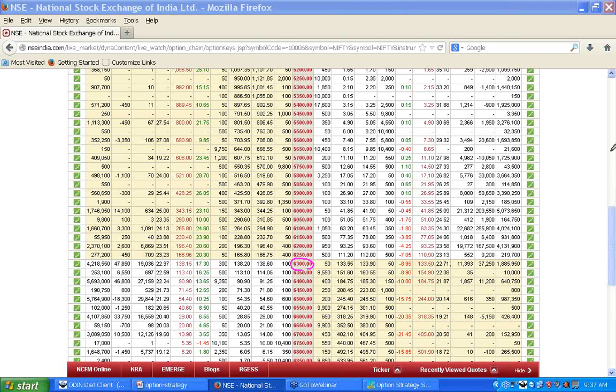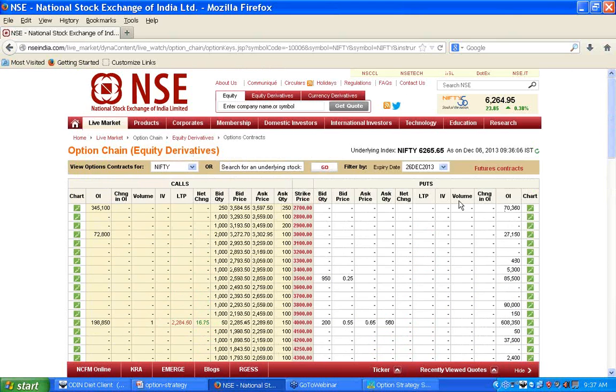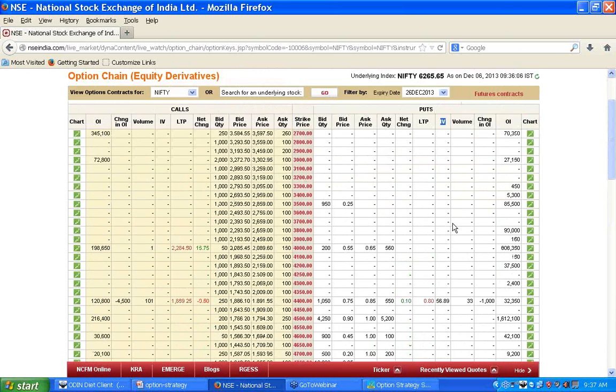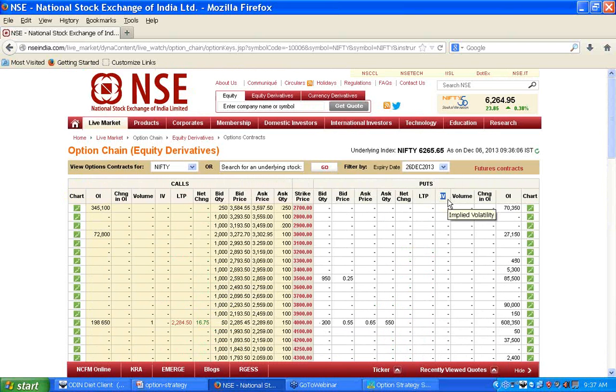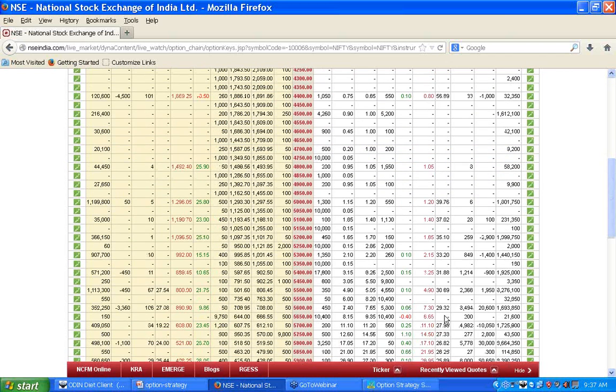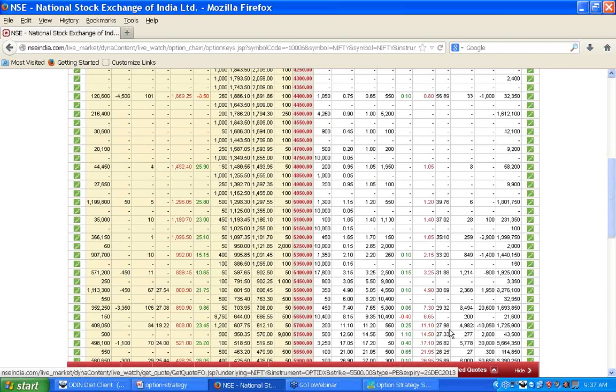So what is the IV? You need not calculate this because NSE gives a ready-made IV. Implied volatility is presented here. So the IV of call and put you are getting here, just adjacent to their changes.